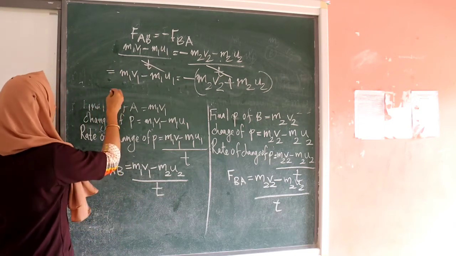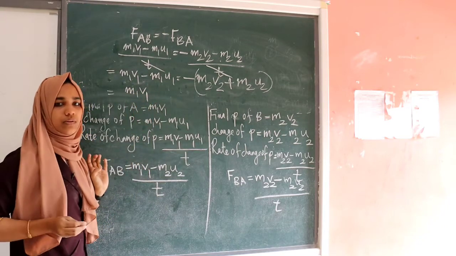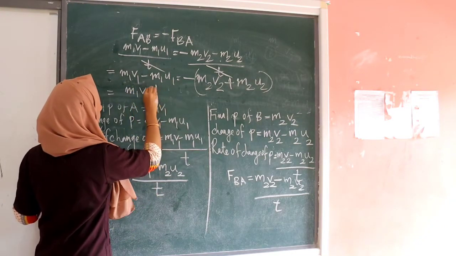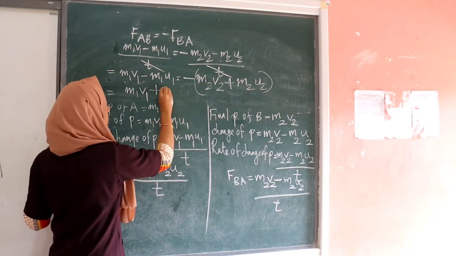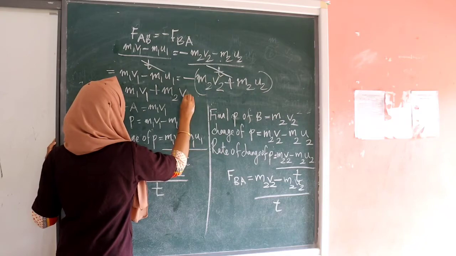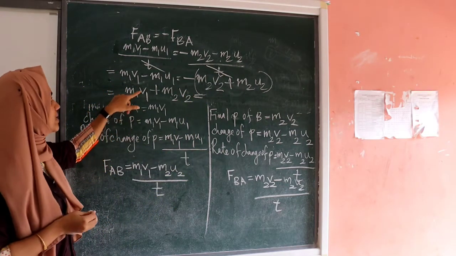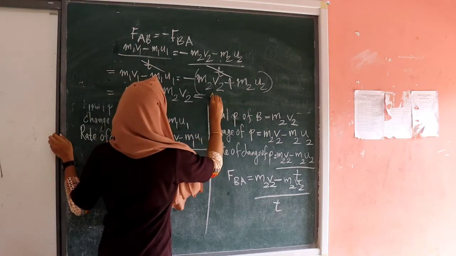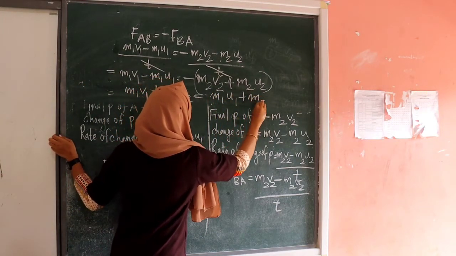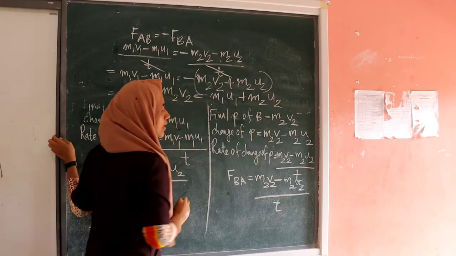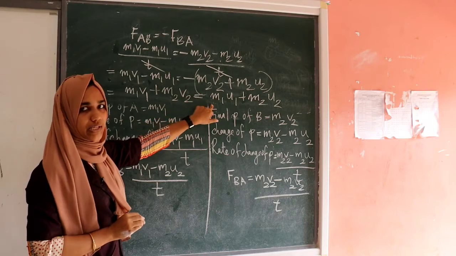So we can write m1 v1 plus, bringing this m2 v2 here, plus m2 v2, that's equal to m1 u1 plus m2 u2. When here minus sign, then it becomes plus.